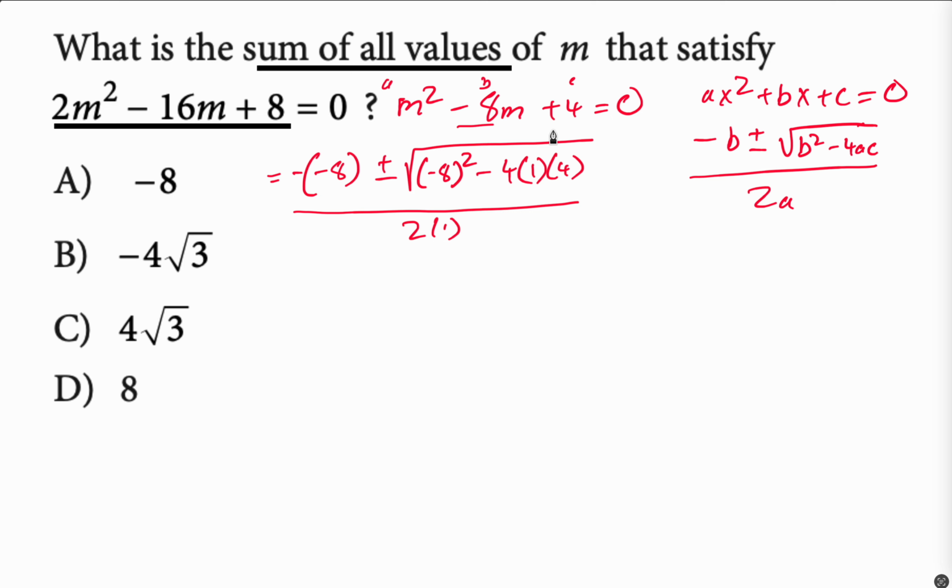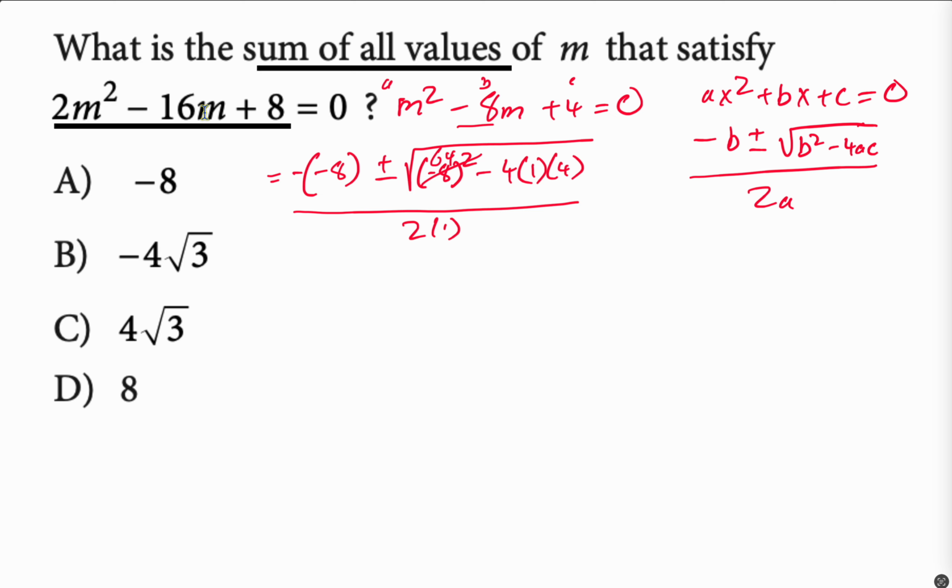Once we simplify this whole thing, that will give us the answers. We expect to get 2 answers, because we have positive and negative here, so we have 2 answers for m. So let's simplify this. Right off the bat, 8 squared is 64.